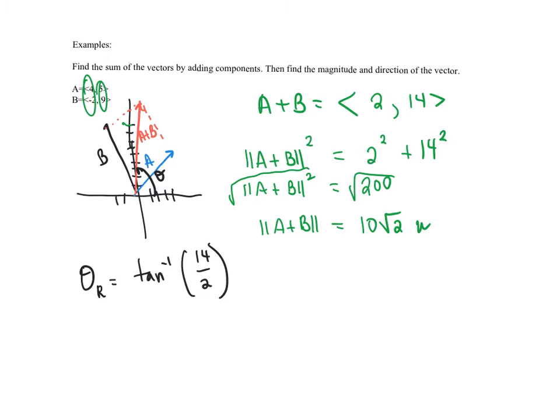When I do the inverse tan of 14 over 2, or the inverse tan of 7, I get 81.9 degrees. Now, since this angle is in quadrant 1, this is my direction. Just like before in section 1, sometimes you have to add or subtract from 360 or add 180 or subtract from 180, depending on what quadrant it's in. This one's in quadrant 1, so nothing too crazy about this.